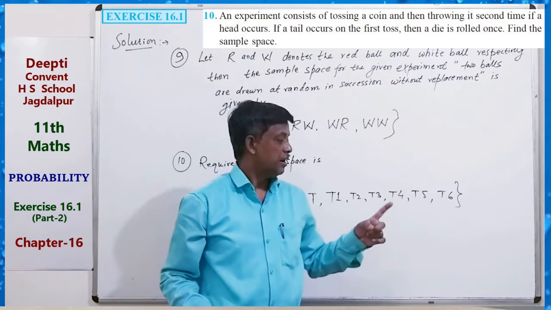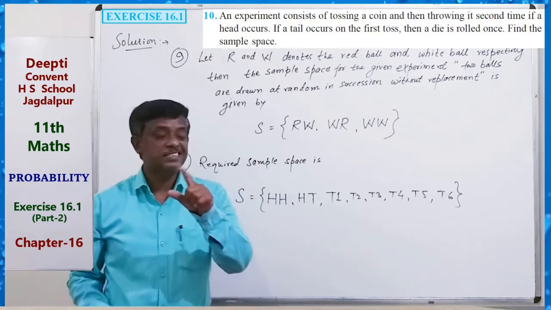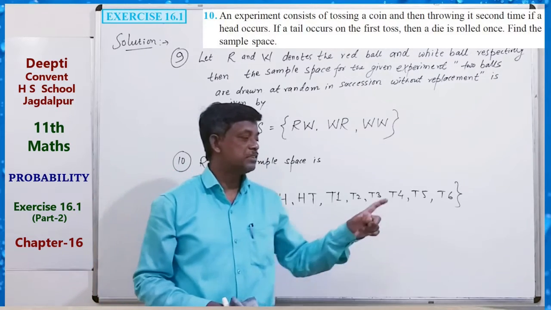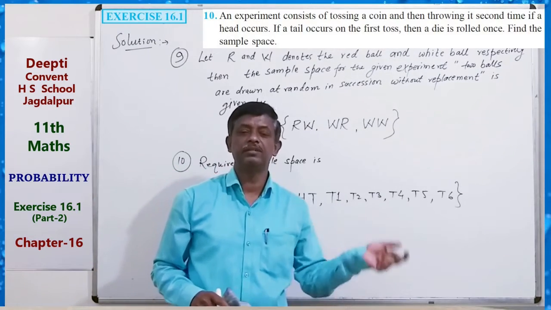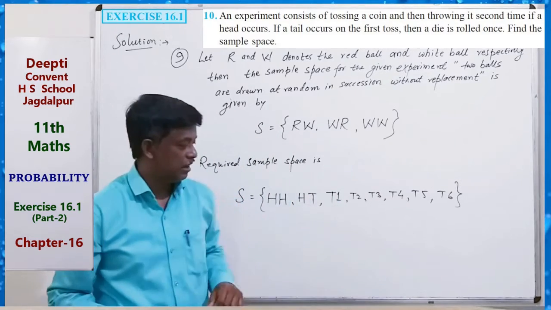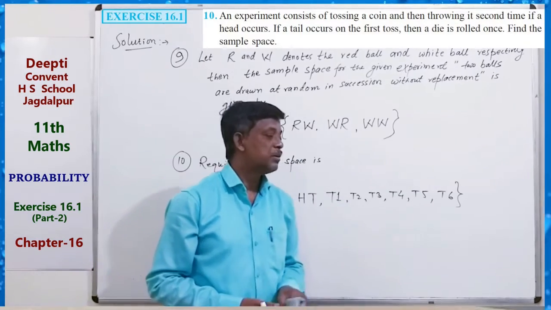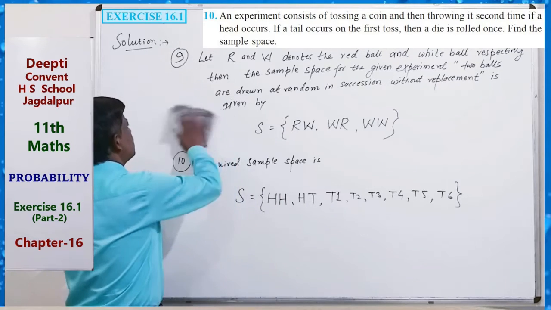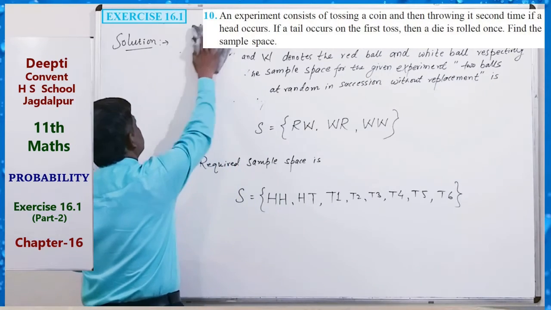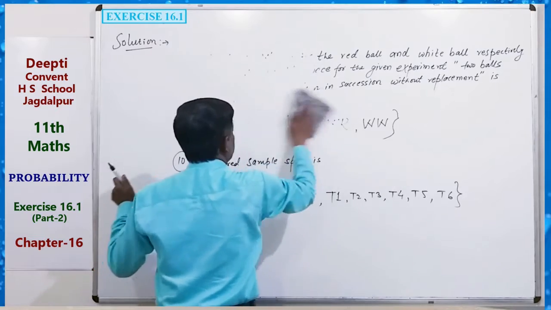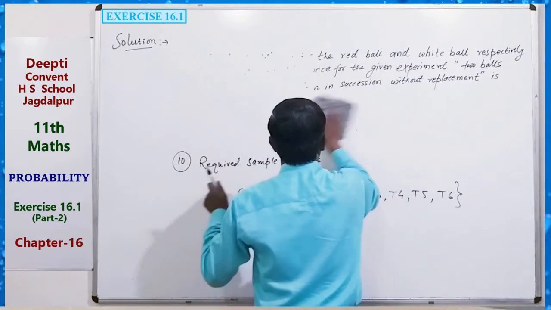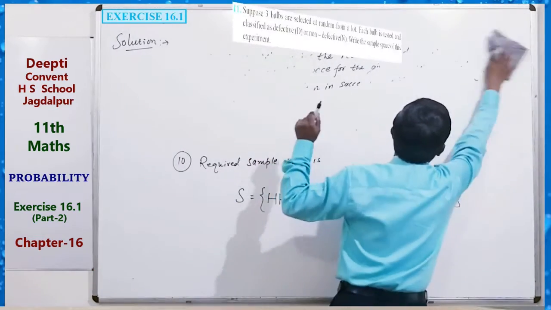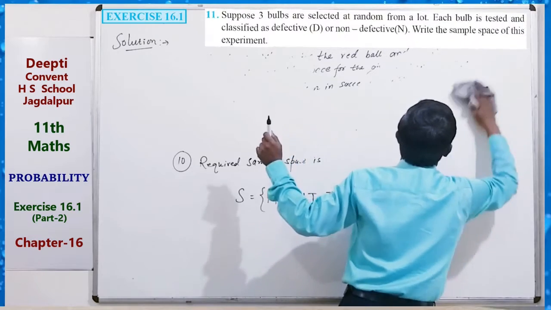Each bulb is tested and classified as defective or non-defective. Defective D, non-defective N. Write the sample space of this experiment. So very simple. This is just like tossing a coin 3 times. Yes or no? Because why?